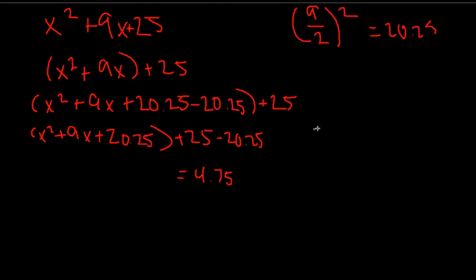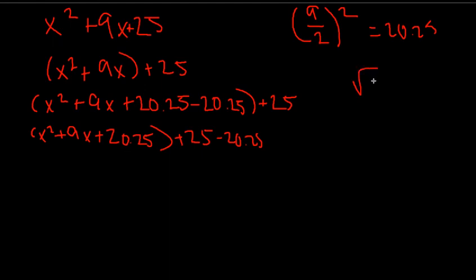Since it opens up, it would look like this. And then here is where 4.75 would be. But if you want to go a step further and fully complete the square, you have your perfect square trinomial here. So you're going to find the square root of 20.25, which is the last number in your brackets.